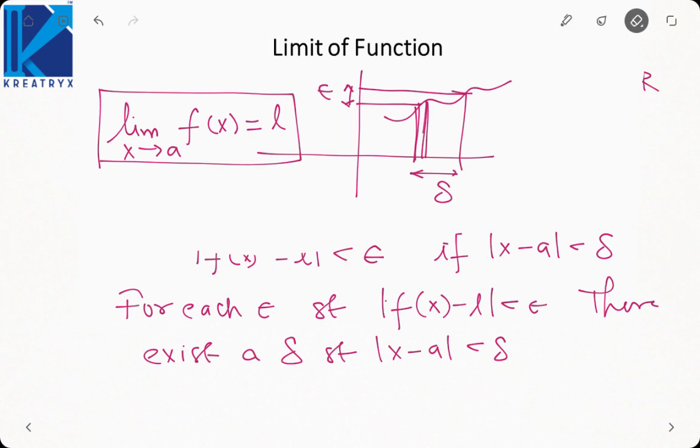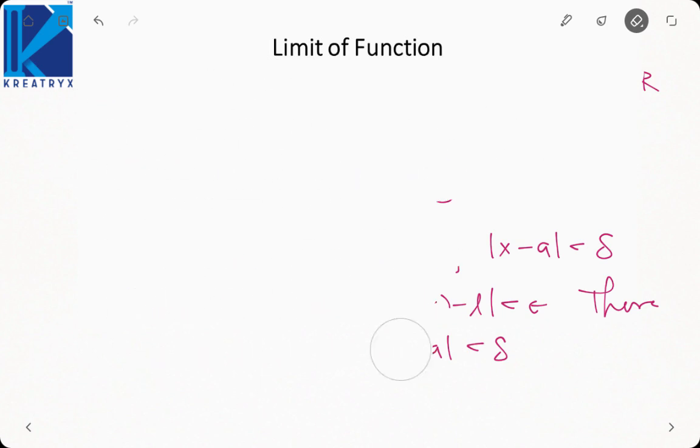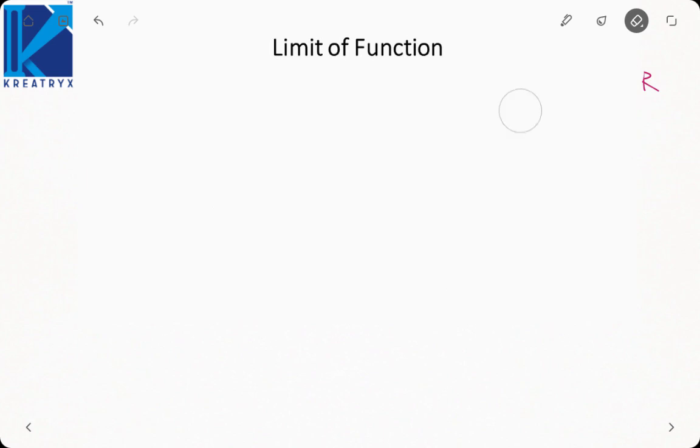Now when we are talking about limit, usually we define two types of limit. Since there are two ways in which you can reach a, either you can reach a from the left or you can reach a from the right. That is, if a is here on the number line, either you can go to a from here or you can come from the right hand direction.